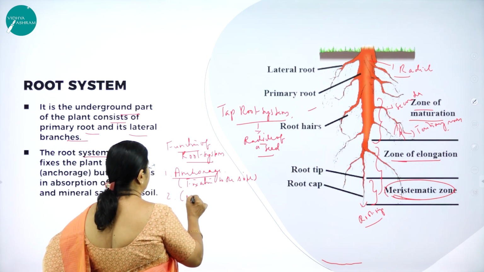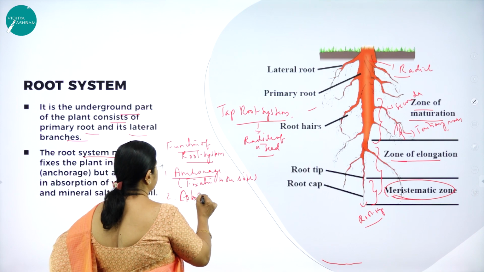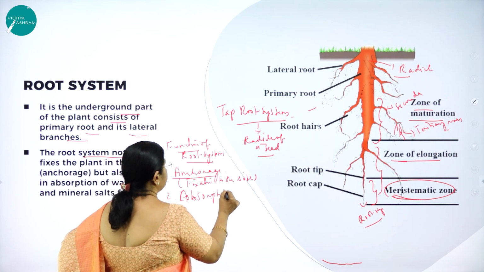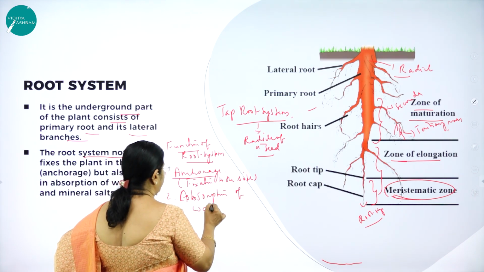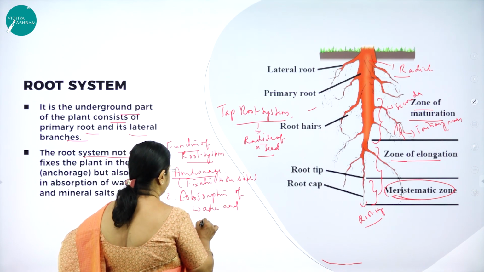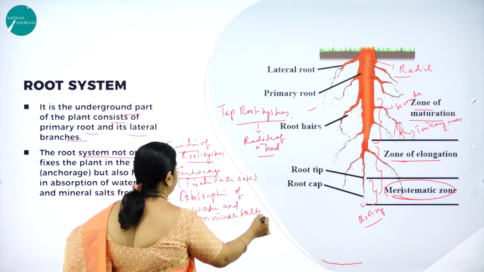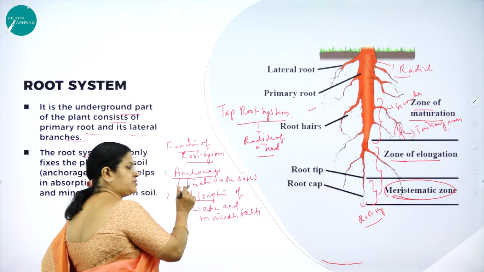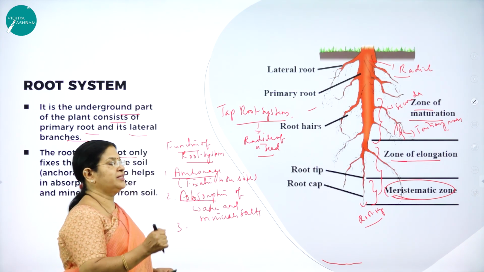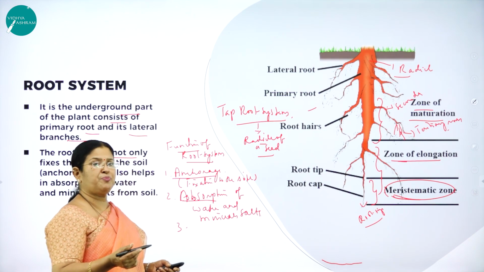Then what? Absorption and conduction. Next, very important, is absorption of water and mineral salts. First one is fixation firmly to the soil. Then what? Absorption. How does it do the process of absorption?